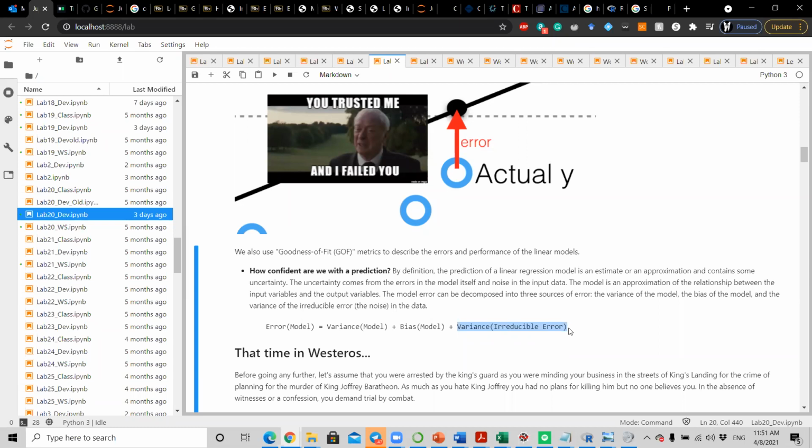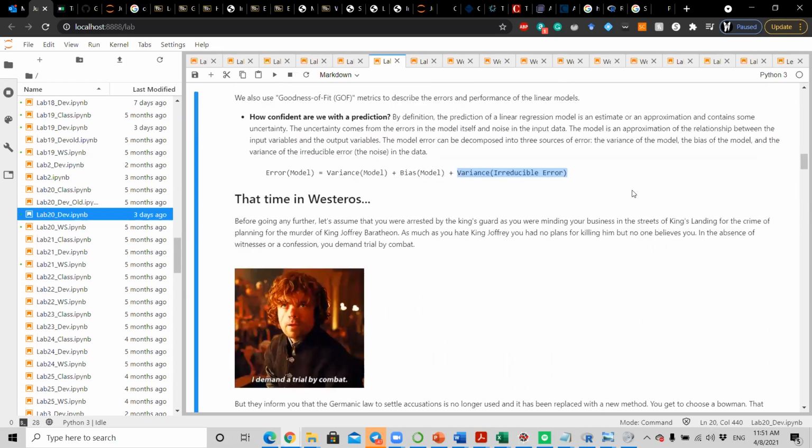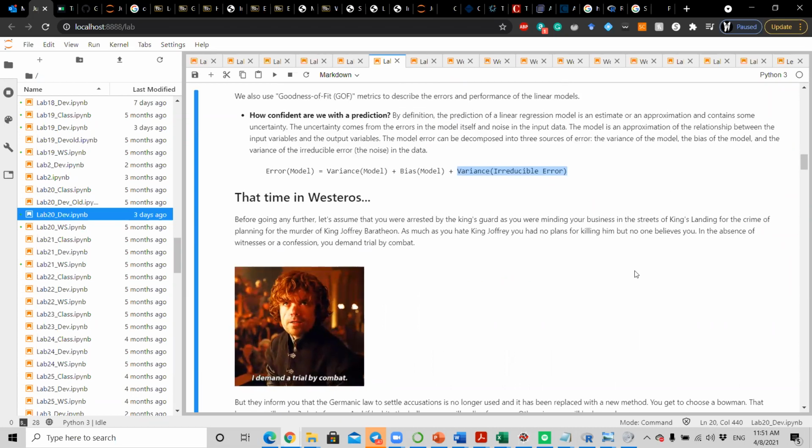Okay. Now, I have a little story here for you. Let's assume that you were arrested by the King's Guard as you were minding your business in the streets of King's Landing for the crime of planning for the murder of King Joffrey Baratheon. As much as you hate King Joffrey, and I hope you do, you had no plans for killing him, but no one believes you.